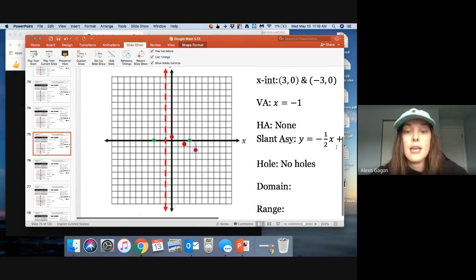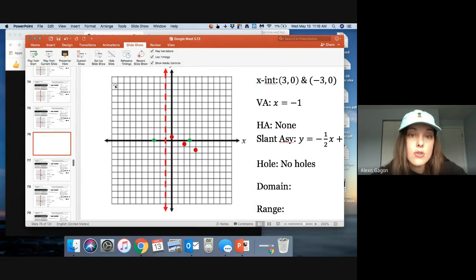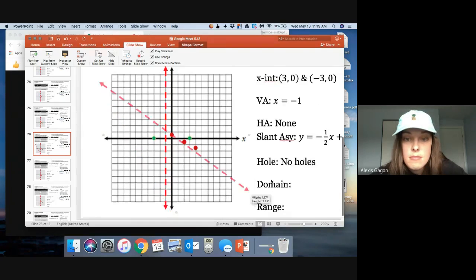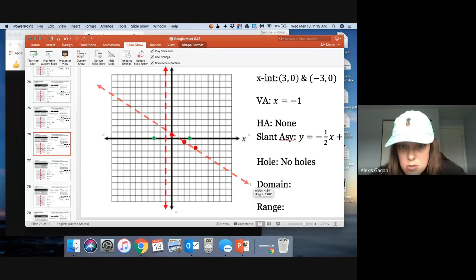So there are 3 points. And once you get 3 points, it's easy to draw a line from that. So we can create our slant asymptote from there. Okay, so that's what our slant asymptote is supposed to look like. Sort of.